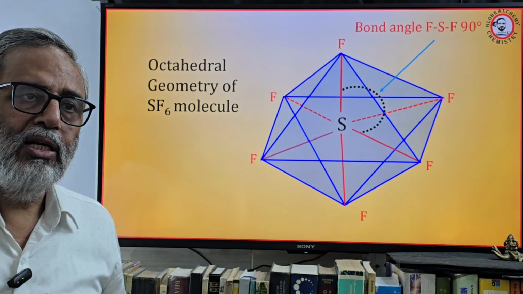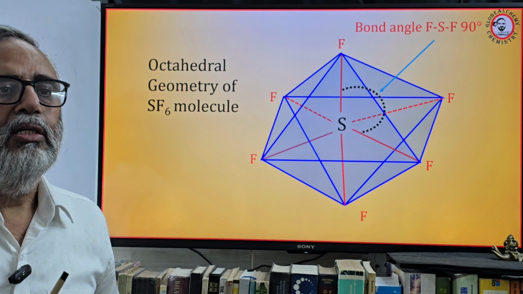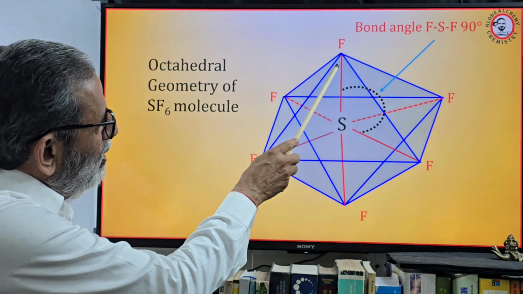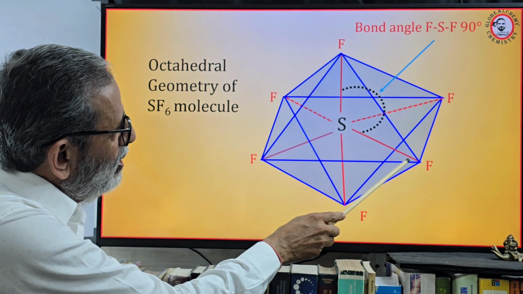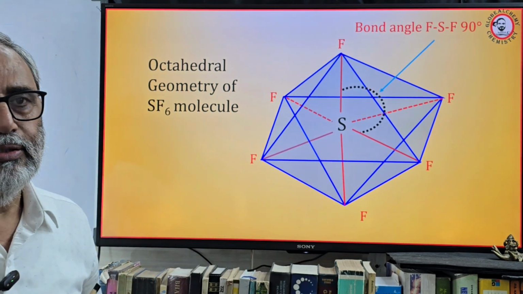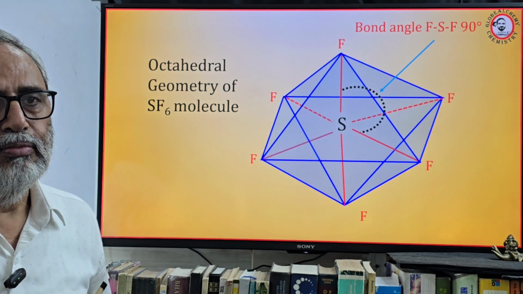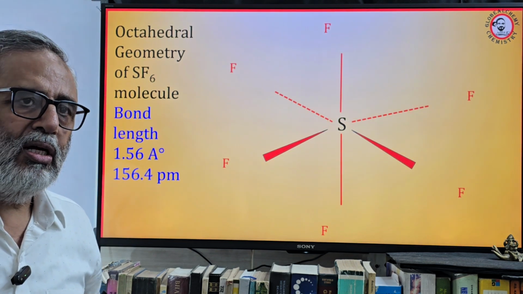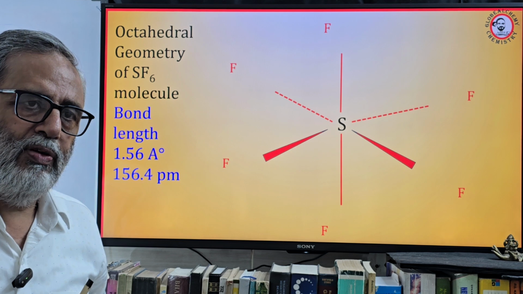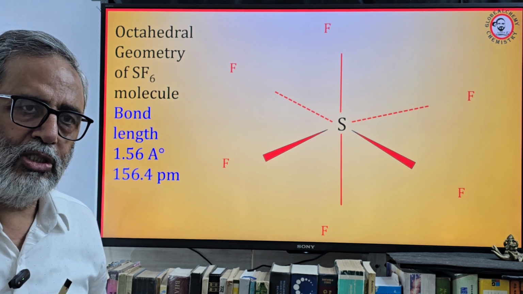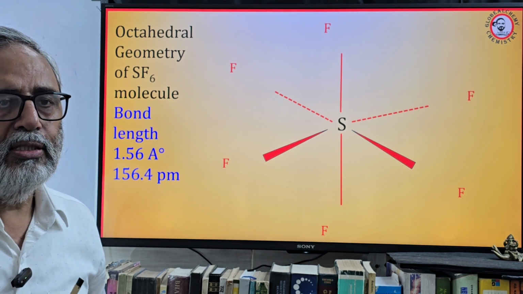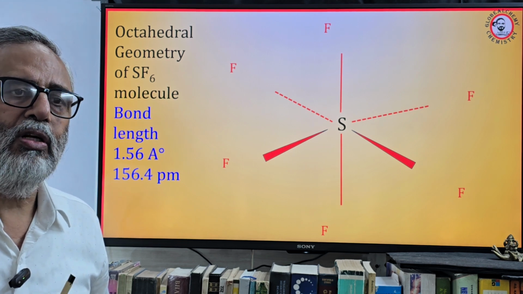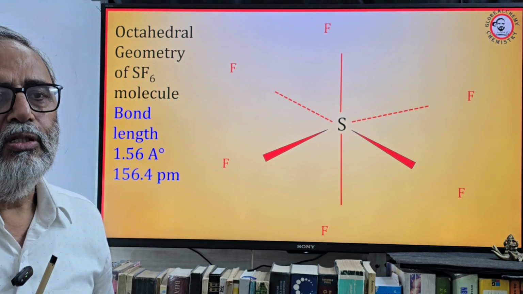So this is the octahedral geometry of the sulfur hexafluoride molecule, in which this angle is 90 degree. And the bond length is 1.56 angstrom or 156 picometer.